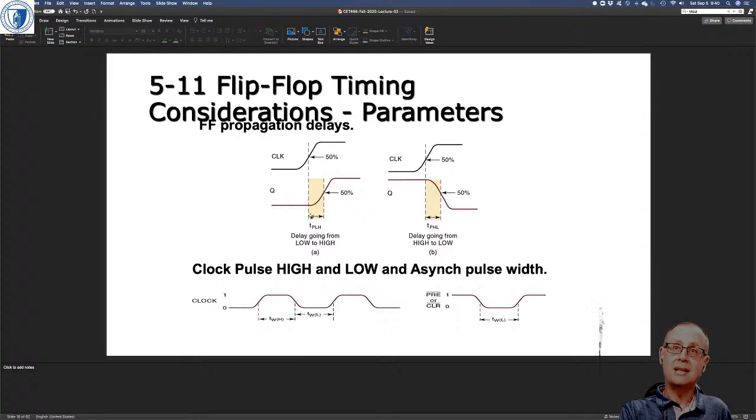But then there's a time between that 50% on the clock input and the 50% on the Q output, and in this case it's TPLH, the time for propagation from low to high, and then the delay going the other way as well, going from high to low.